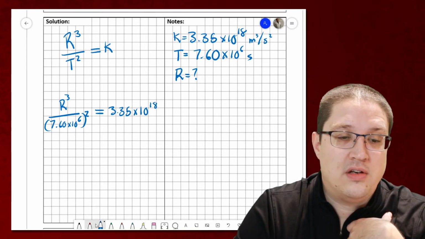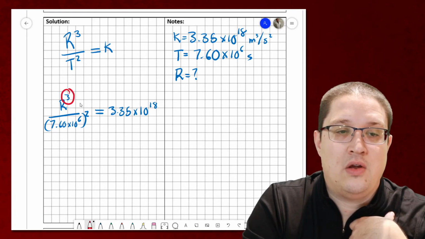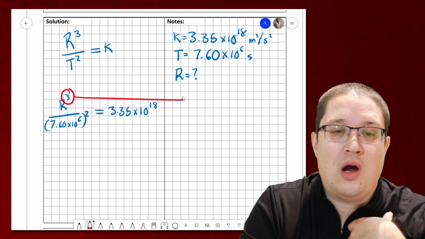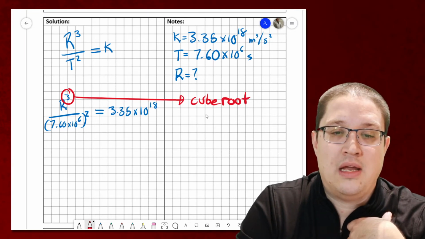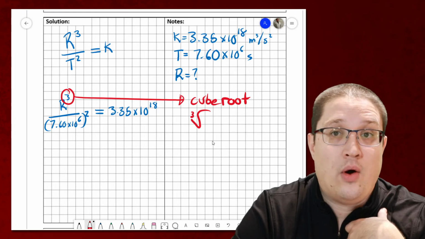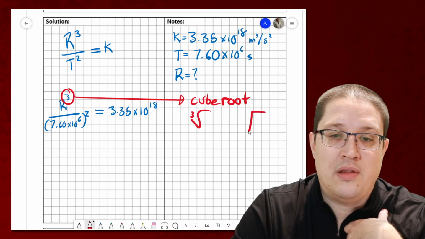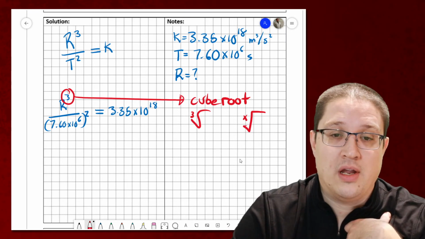Now, one thing to note here, right off the hop, I'm going to add in a note. I have a cubed here, so I'm going to need to cube root to get my answer, like that. Now, on your calculator, you may have a button that looks like this. That's the button you're looking for.